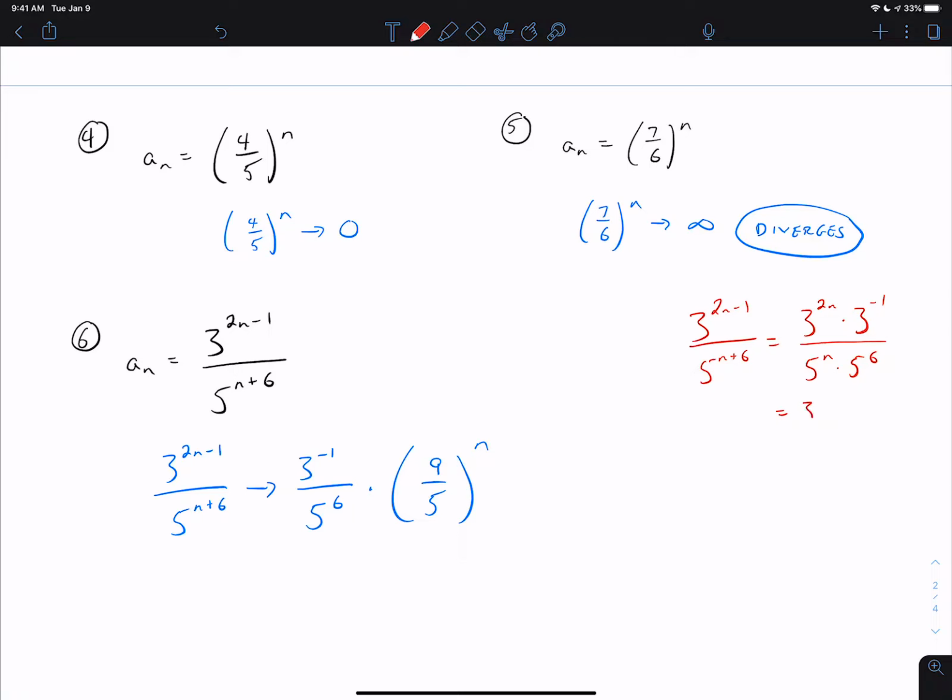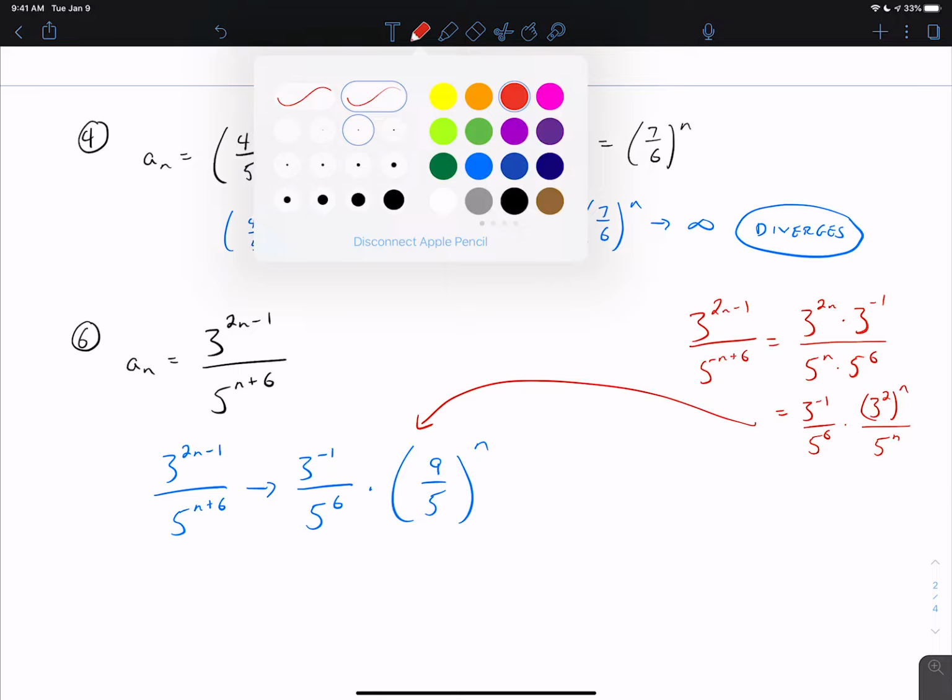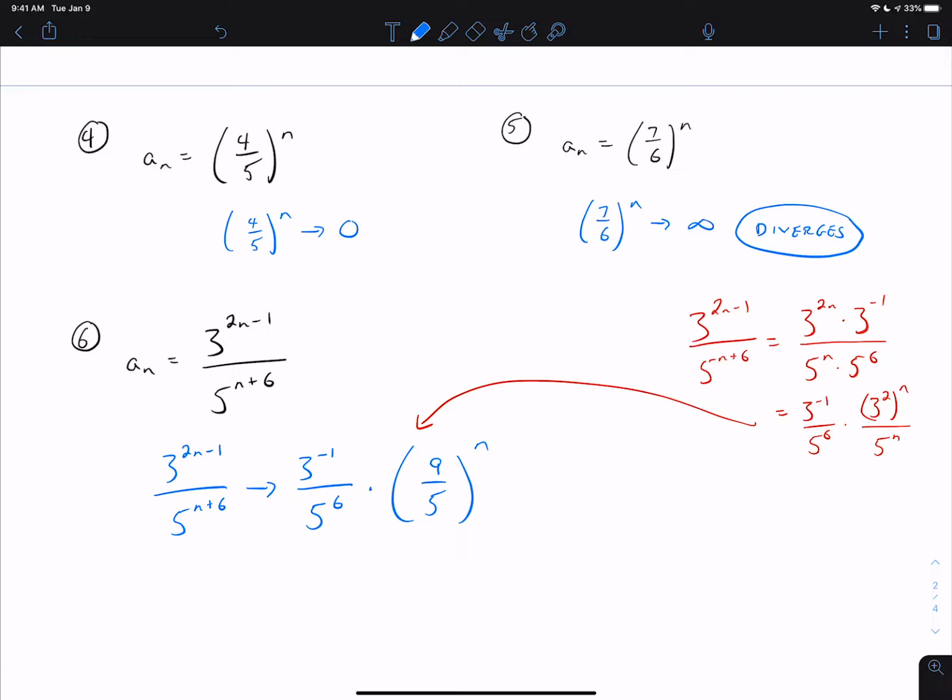I've got 3^(-1) over 5^6 times 3^(2n), but I'm thinking of it as (3^2)^n over 5^n. So you've got 9^n over 5^n, which is the same thing as (9/5)^n. Because 9/5 is bigger than 1, that part approaches infinity.